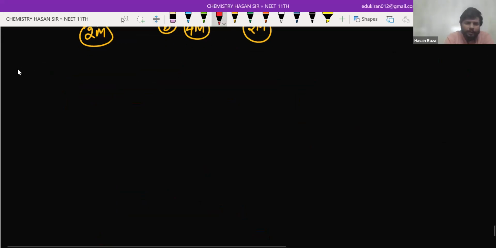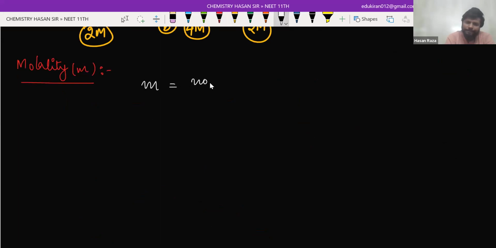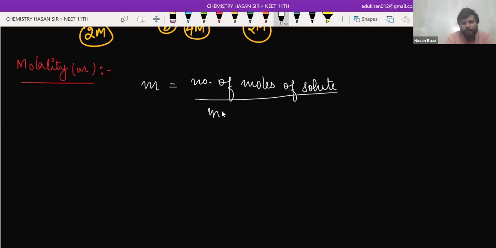Okay. Now we are moving towards another concentration term. That is your molality. And we denote it by a small m. What is molality? So molality has a formula, that is number of moles of solute divided by mass of solvent in kg.